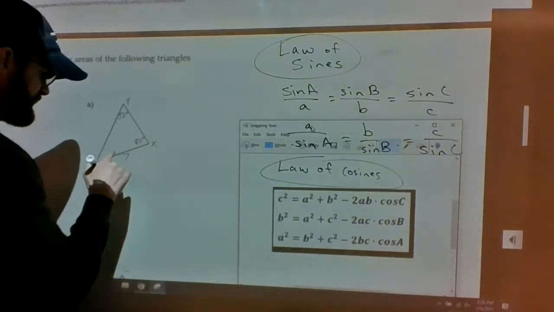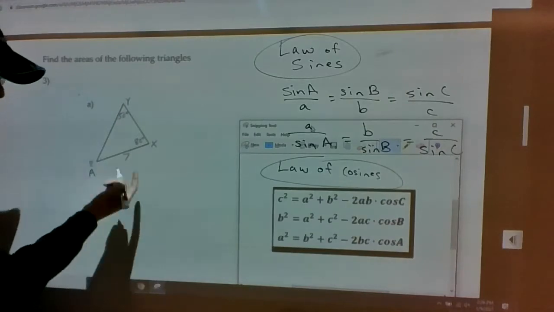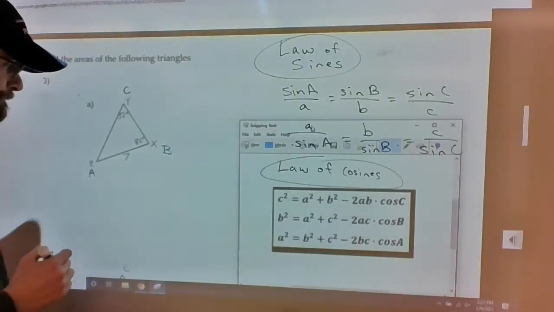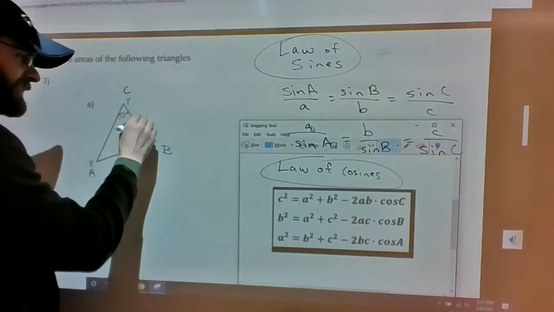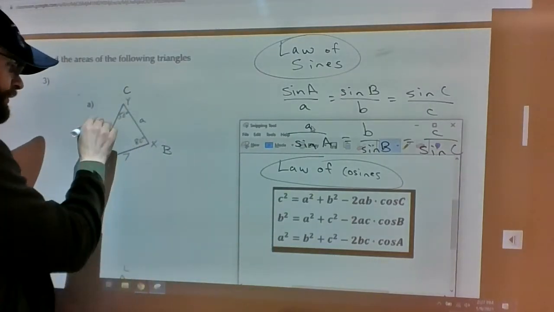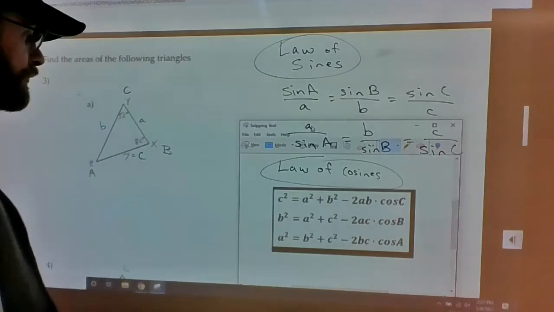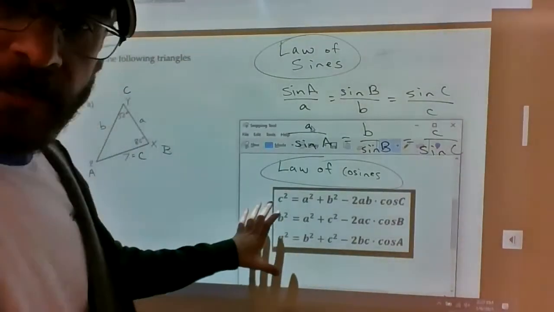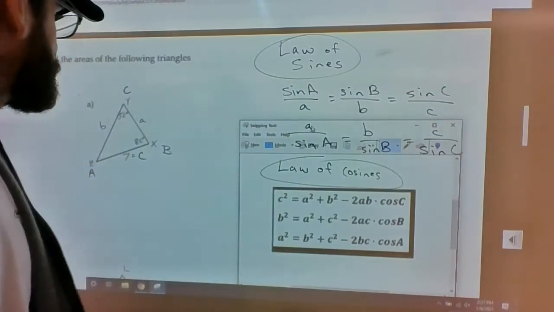Okay, so I'm just going to call this the A, this the B, and this the C. So then this little one here is A, this little one's B, and we know that this is C. If you've got that information, now we can say, okay, which of these would be good to test out?